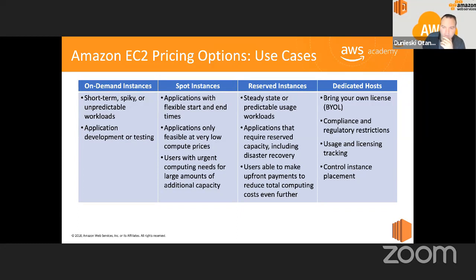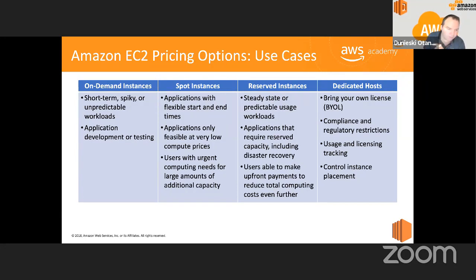You can go full upfront, partial upfront, or no upfront, okay? And then dedicated hosts: you can bring your own license, compliance with regulatory restrictions, usage and licensing tracking, control instance placement. This dedicated is especially for companies that need servers only for them. It's not shared, it's dedicated.